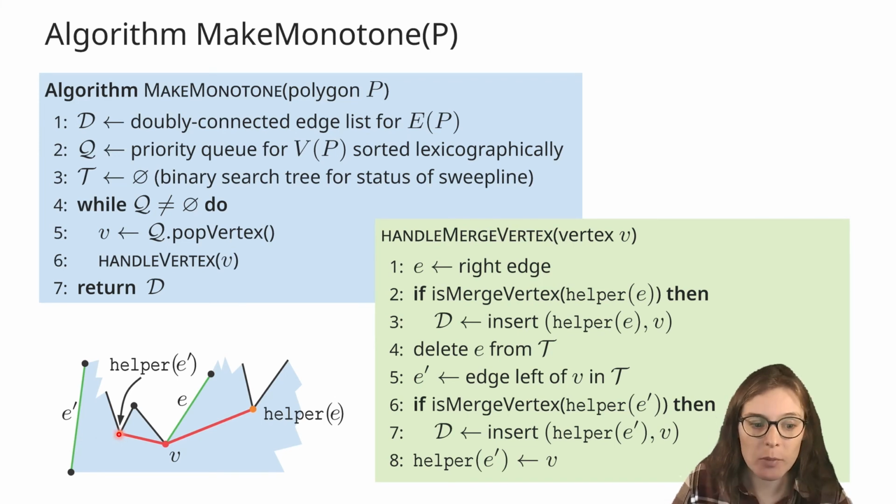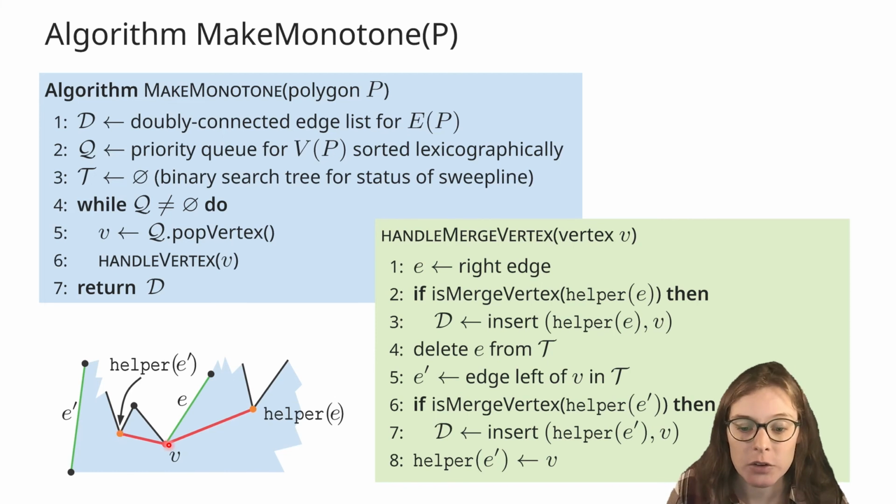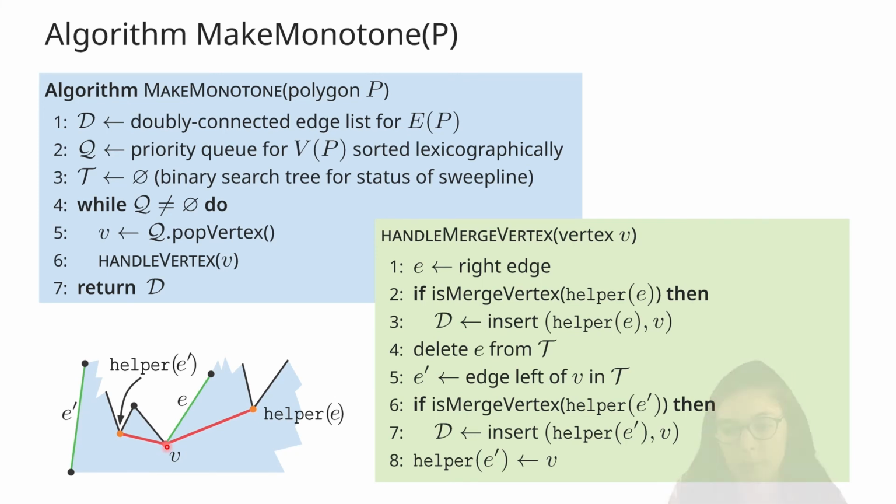Again, if its helper is a merge vertex, we're going to insert the diagonal connected to V. And next, we update the helper of E prime to now point to V.